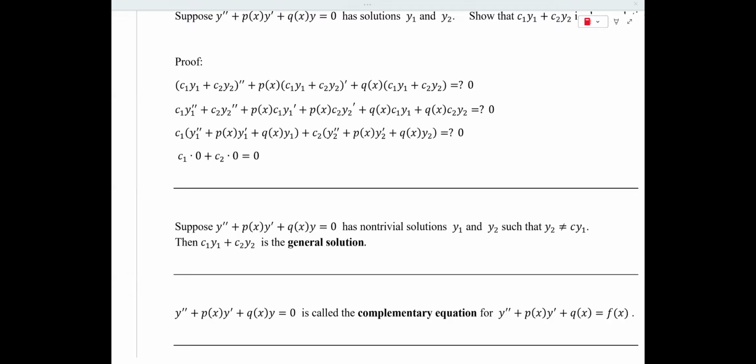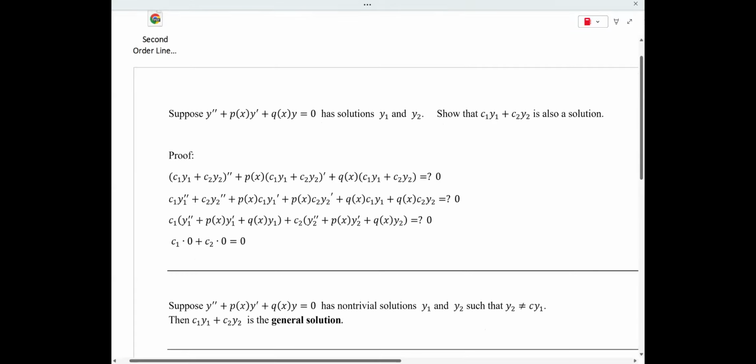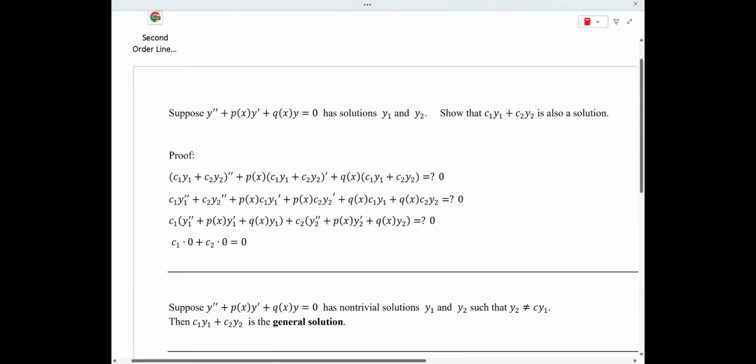Okay, so anyway, it's a little bit of background here. This is called a second order linear equation. Second order linear, and it's homogeneous because there's a zero over here.